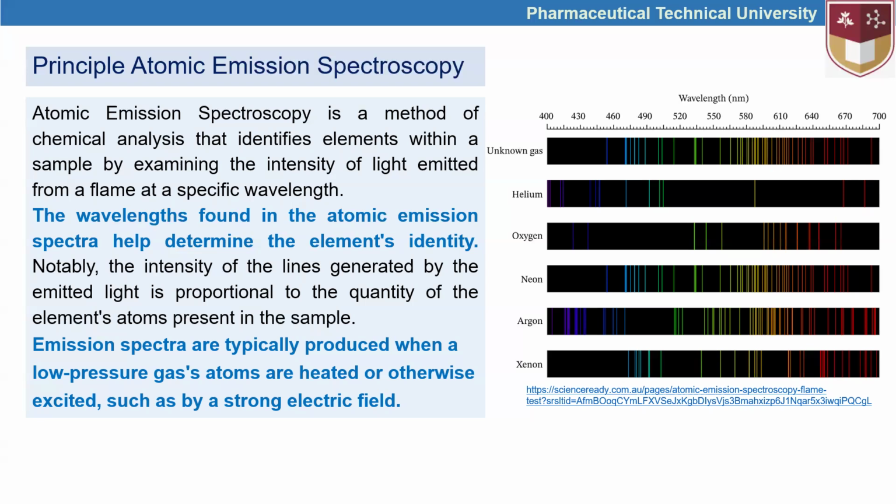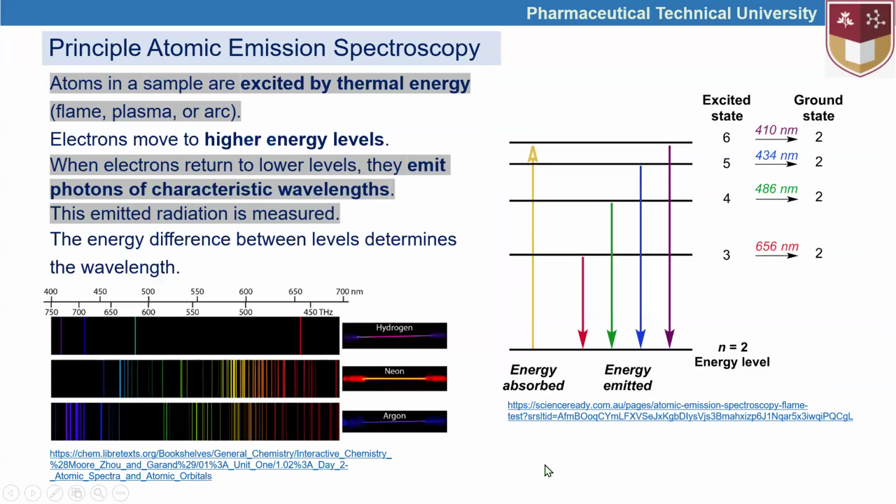And then emission comes from the excitation, and excitation can be provided by providing some heat energy or some other factors like electric fields. So in order to obtain emission spectrum, the atoms have to be provided with the physical stimuli that cause the excitation of electrons from the ground state to a higher state.